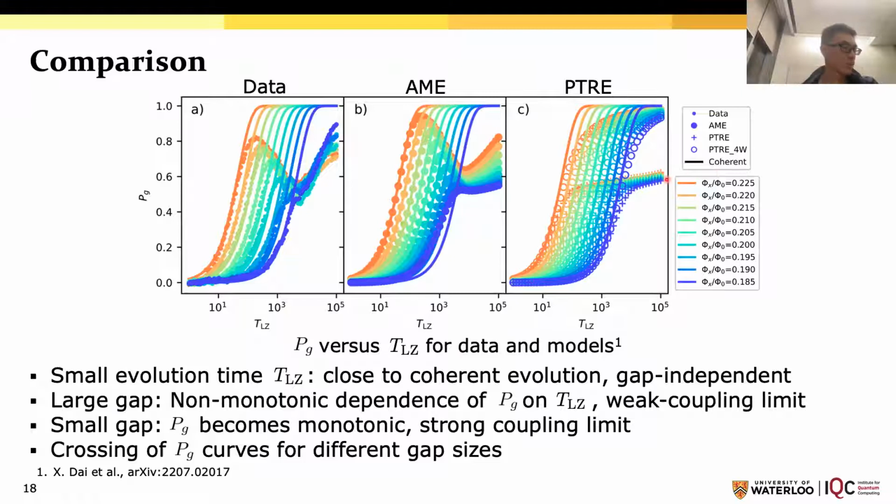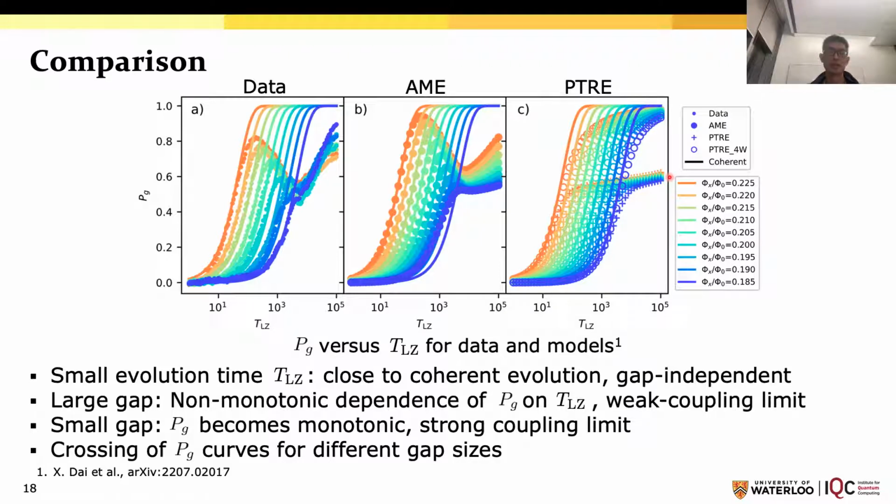Right, that's a good question. So the two curves here are labeled PTRE and PTRE 4W. PTRE uses noise parameters as estimated by our T1, T2 measurements, and you see that the ground state probabilities flatten out towards 0.5.